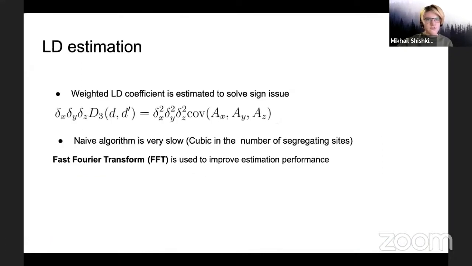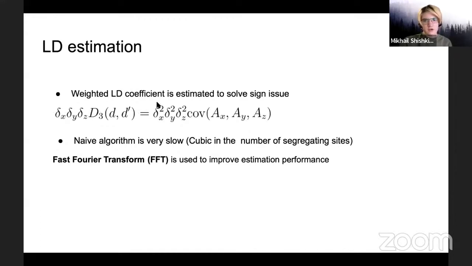And there are some details about estimating linkage disequilibrium. We can't directly compute LD from real data because these deltas in front of the covariance of local ancestry can be of either sign. To solve this issue, we estimate a weighted linkage disequilibrium coefficient, which is just LD multiplied by these deltas.